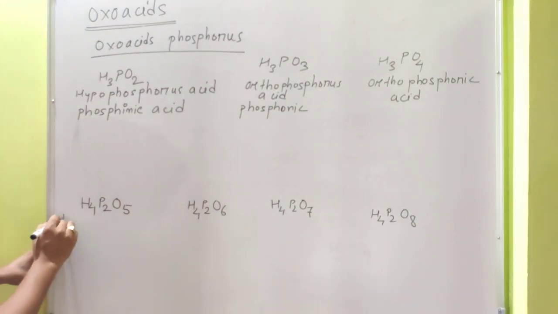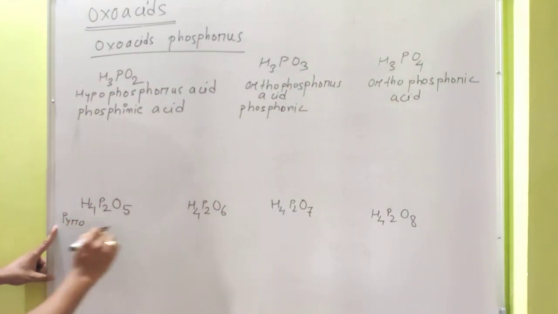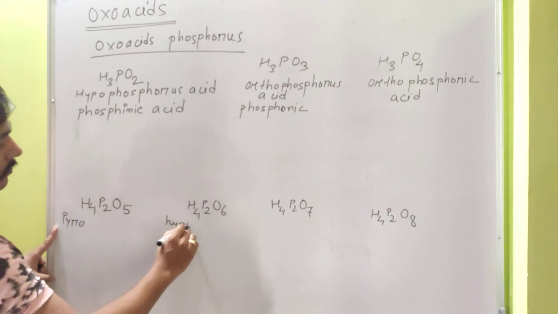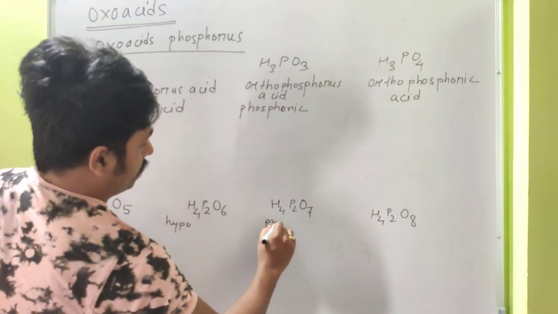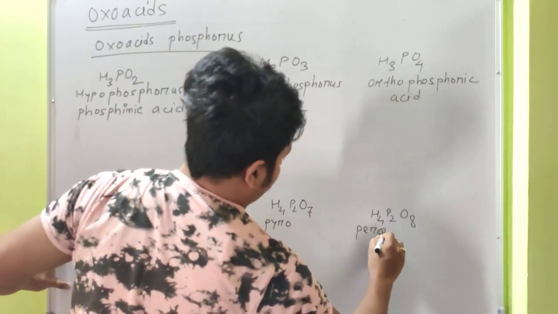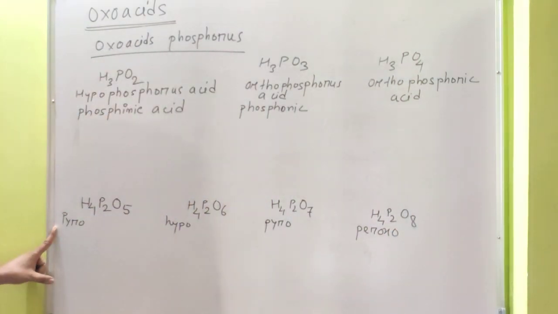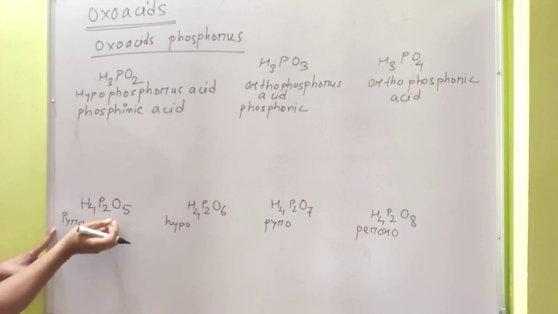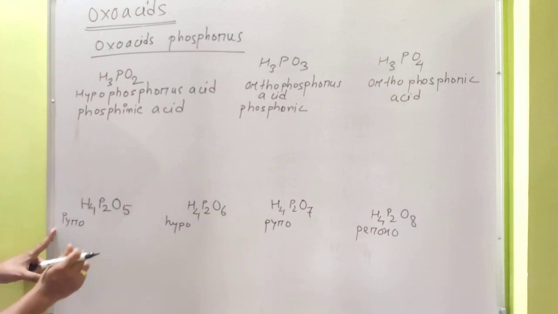Okay, this one is pyro, this one is hypo, this one is pyro, this one is peroxo. For your convenience I am writing like this: pyro, hypo, pyro, peroxo. Just increase the number of oxygen by 1.